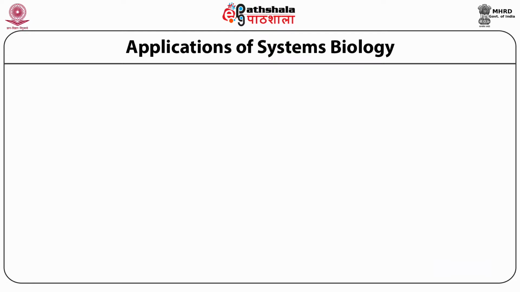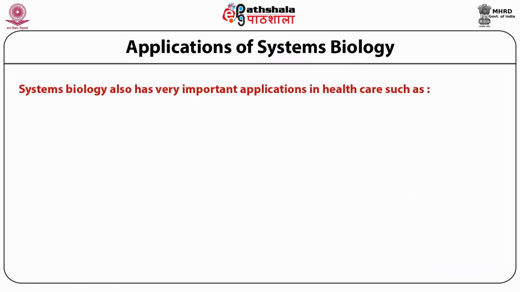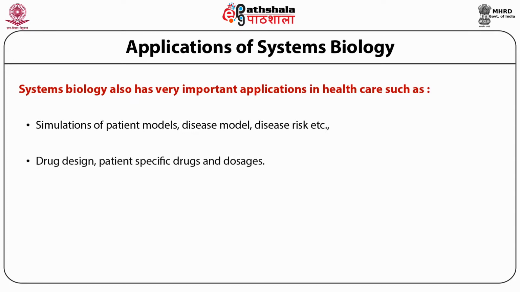Applications of systems biology. Systems biology has very important applications in healthcare, such as simulations of patient models, disease models. It's possible to create disease models, assess disease risks, etc. Similarly, it also has important applications in drug design.